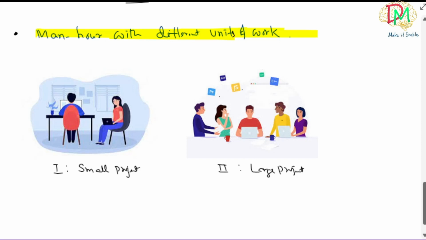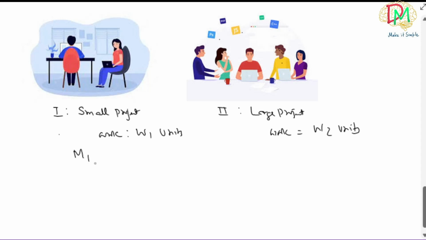The first project is a small project, and the unit of work is W1 units. Manpower is M1, its value is 2, and days required is D1, and H1 is the working hours per day.